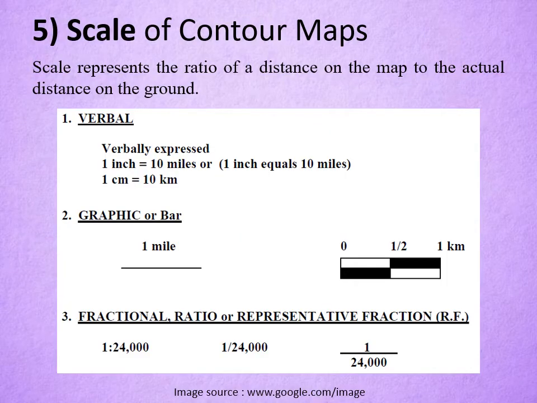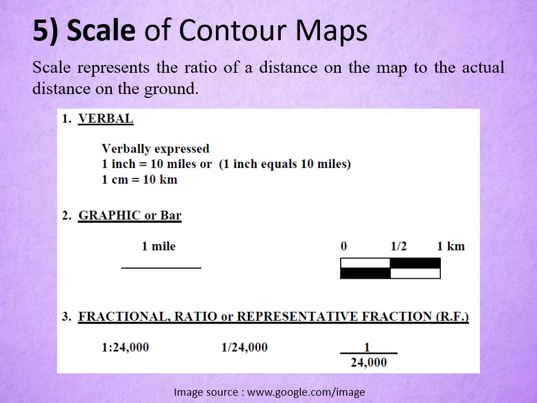Now, the most important thing that has to be provided in your contour map is the scale of your contour map. The scale of your contour map is basically the relation between two points on the map and the actual distance between those same two points on the ground surface.